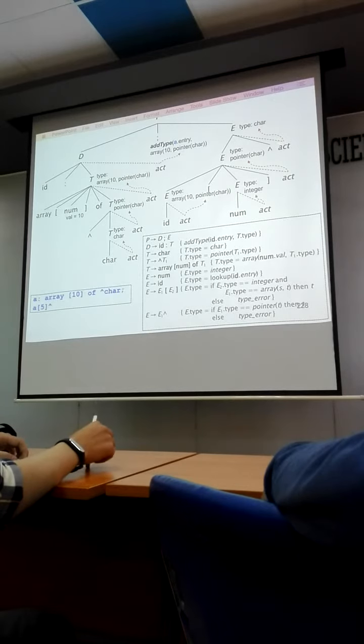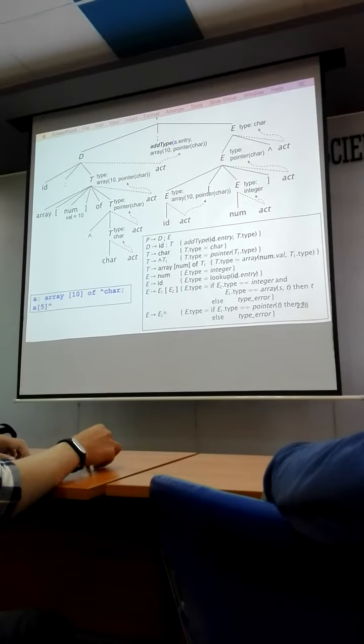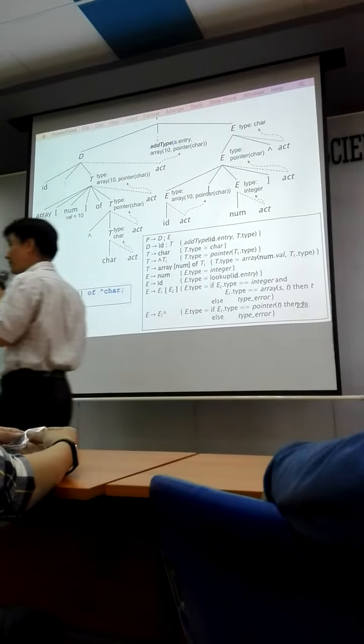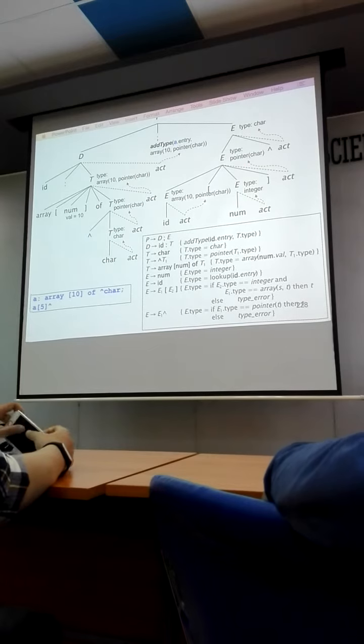And finally, look at this action. It knows that the type of this entire expression is what? Character. Okay. So this is the way we teach our compiler to perform type checking. Okay.